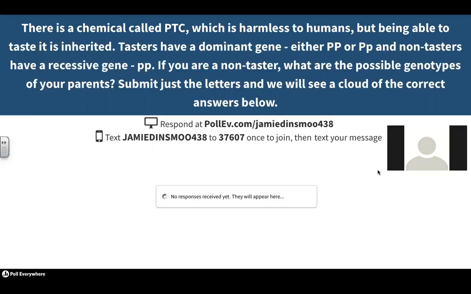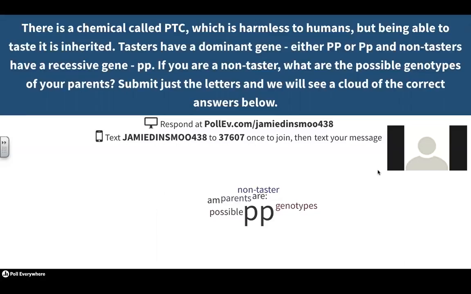So especially if you hate vegetables, that's usually part of it, is that it's actually in your genes. All right, that's my little spiel about PTC. We're gonna taste the paper. So right now I want you to think, you might need to write this out. If you have somebody who is a non-taster, they have two little Ps, what are the possibilities that their parents could have been?